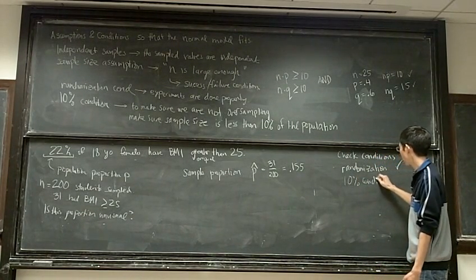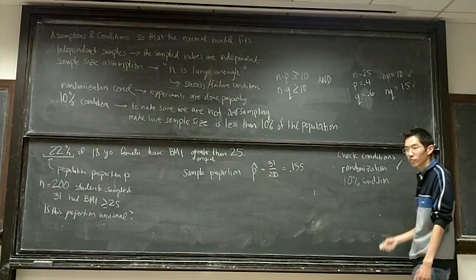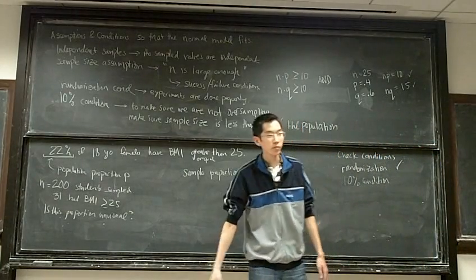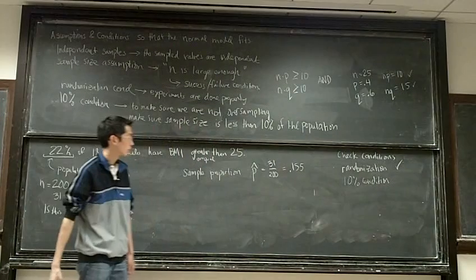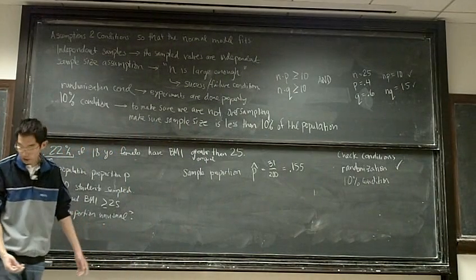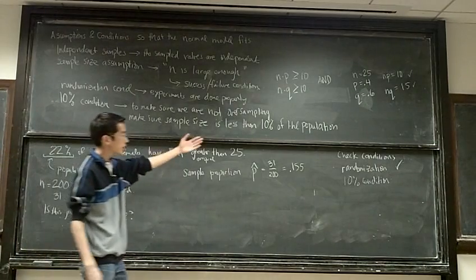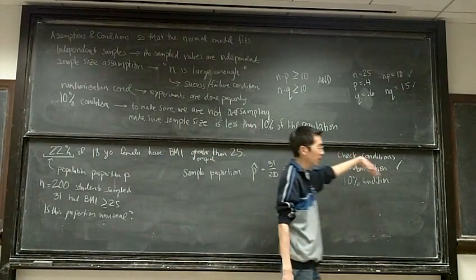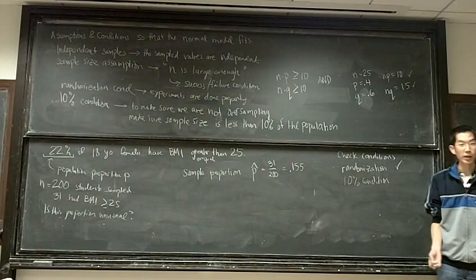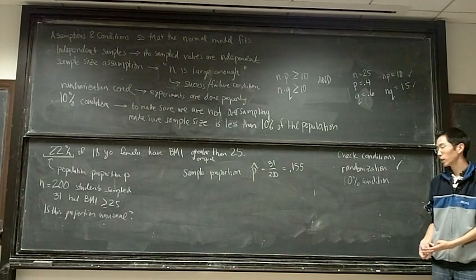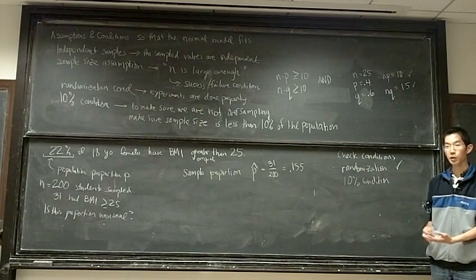So what does this mean? In this case, as long as the college has more than 2,000 female students, then we haven't violated the 10% condition.